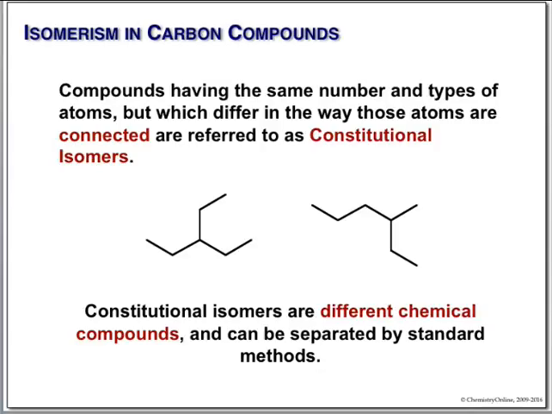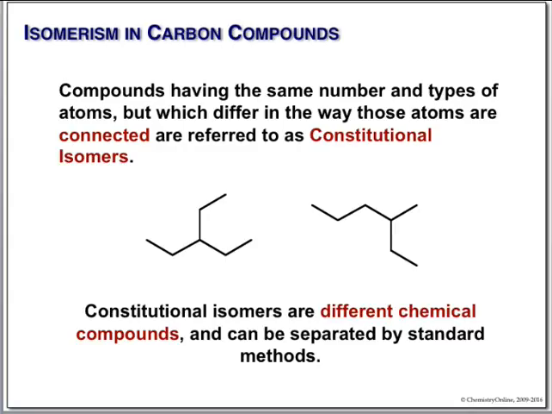These are called constitutional isomers. Look at these 2 guys. Where are the main chains here? In this guy, we have a 1, 2, 3, 4, 5 carbon chain, right? And we have an ethyl group here on carbon 3. Here we have a 1, 2, 3, 4, 5, 6 carbon chain with a methyl group, again, on carbon 3.